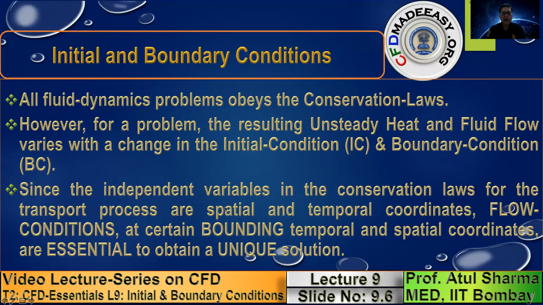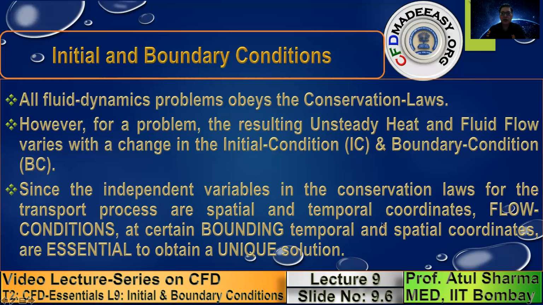The independent variables in the conservation laws, which are discussed in the topic on physical laws for the transport process, are spatial and temporal coordinates. So we have a spatial coordinate, such as in the Cartesian coordinate system x and y, and we have a temporal coordinate, which is time. So these are the independent variables in our conservation laws: mass, momentum, and energy conservation.